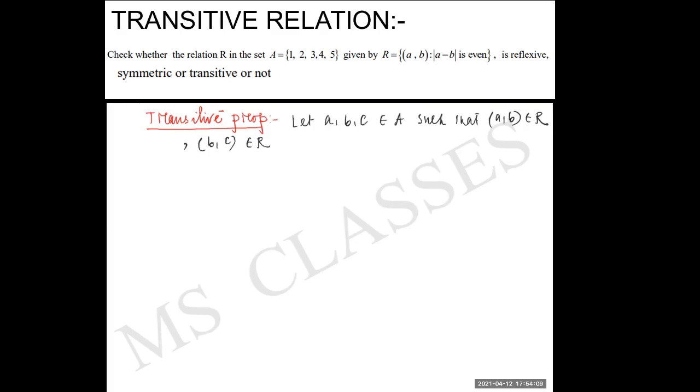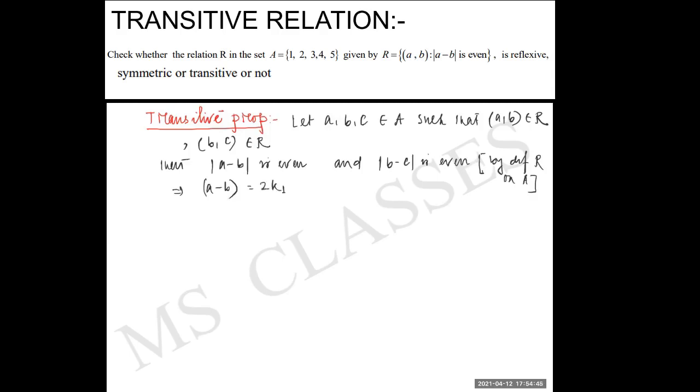Then what can we say? Mod of A minus B is even, and mod of B minus C is even, by definition of R on A. Now this means A minus B equal to twice K1, because this is an even number, and B minus C equal to twice K2, because K1 and K2 both are integers.